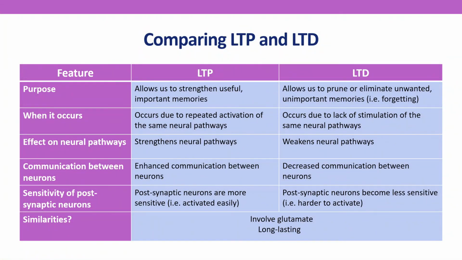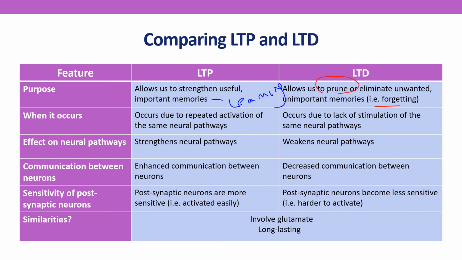So how are these different and how are they similar? It's really important that you know the differences and the similarities between LTP and LTD. Okay, so the purpose. LTP essentially is learning, and this allows us to strengthen useful, important memories. LTD allows us to prune or eliminate unwanted or unimportant memories.